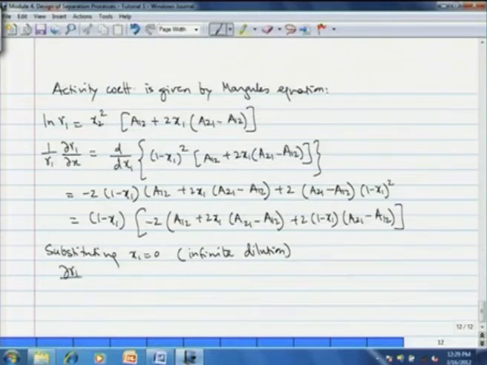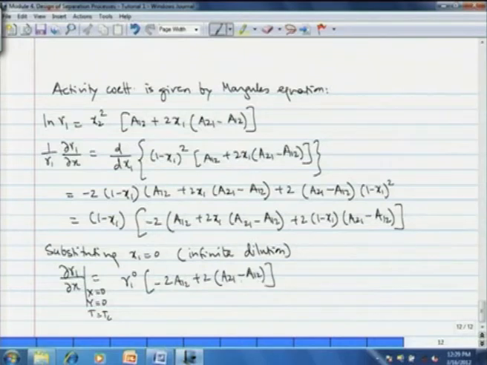And then we get dou gamma 1 by dou x at x equal to 0, y equal to 0, t equal to TL is equal to gamma 1 naught into minus 2 a12 plus 2 into (a21 minus a12), which is equal to, after simplification, and now we do not write the subscript 1 here because we have only one solute, so the subscript 1 we drop and just write gamma naught into 2 a21 minus 2 a12. Okay.